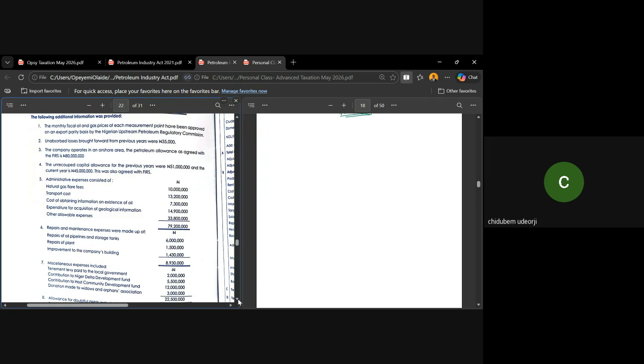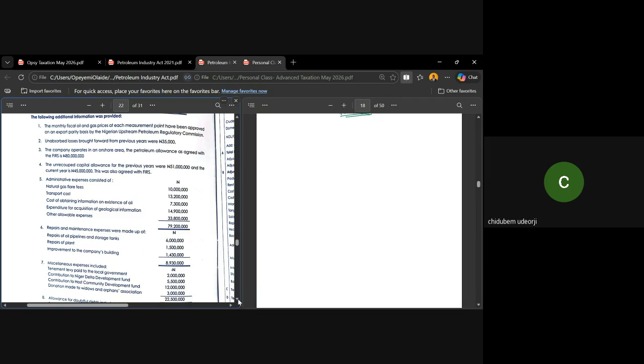The unrecouped capital allowance for the previous year and the current year is 45 million. This was also agreed with FIRS. Administrative expense considered allowable.